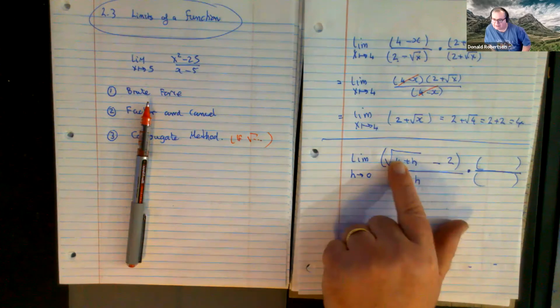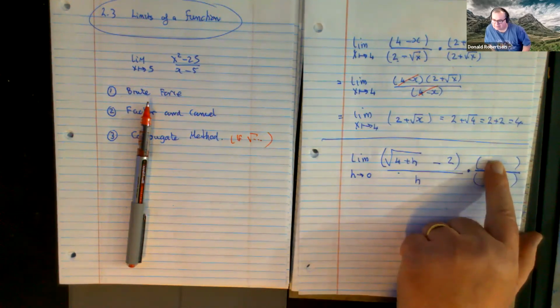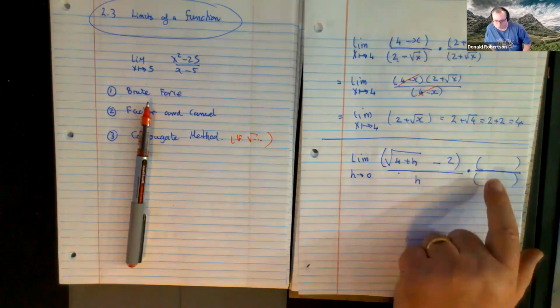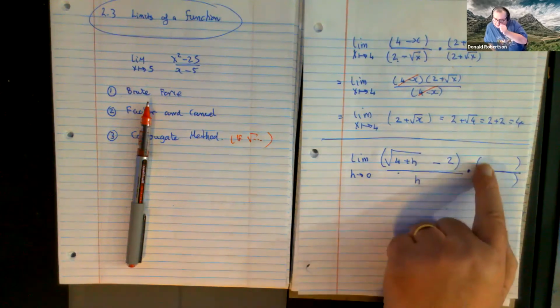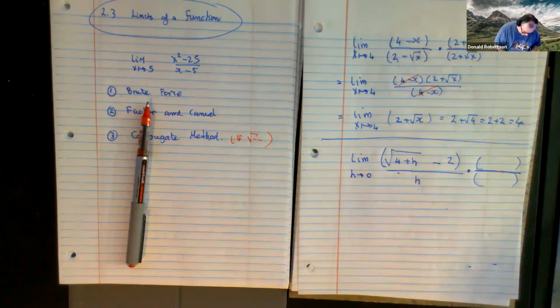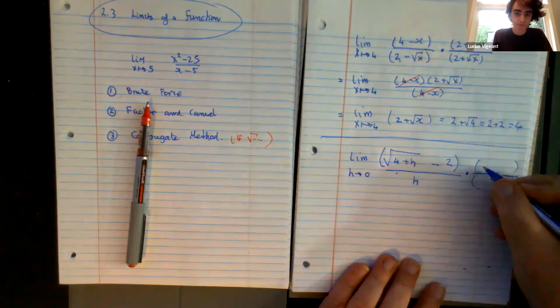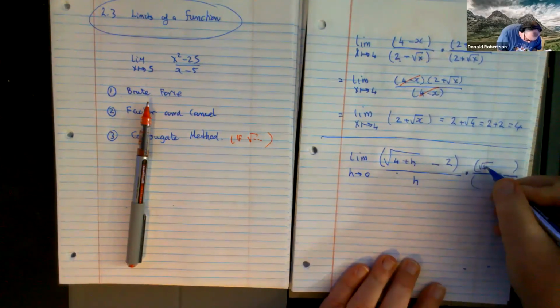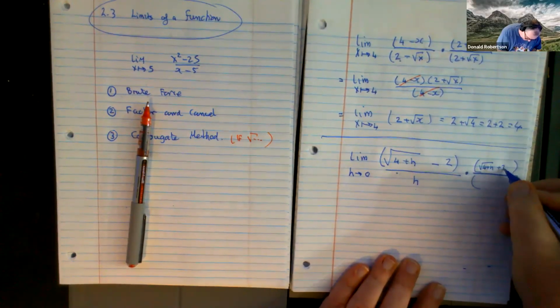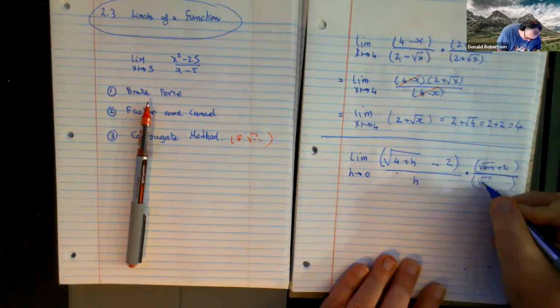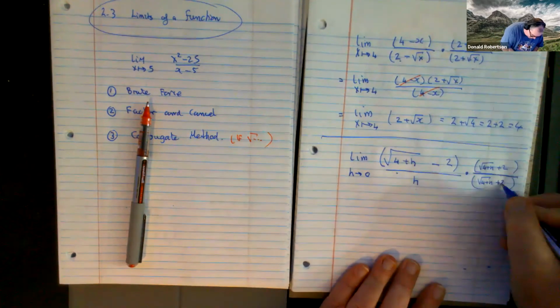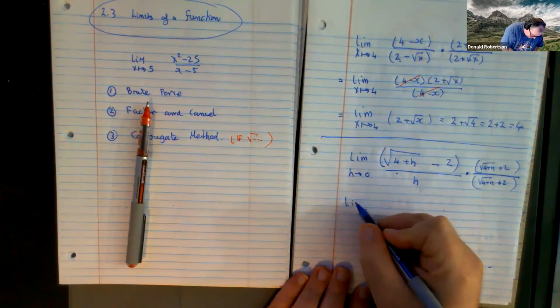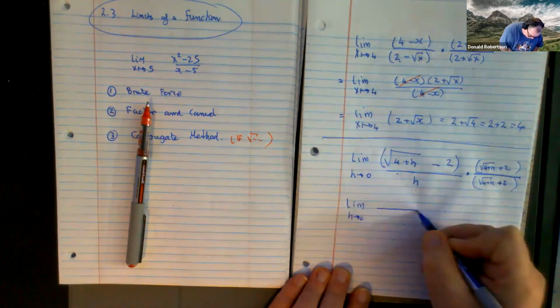What do I write here? There's the original. What does its conjugate look like? The same, but with plus. That's a good way of saying it, actually, the same with a plus. Now, in this question, I'm just going to leave the bottom alone.